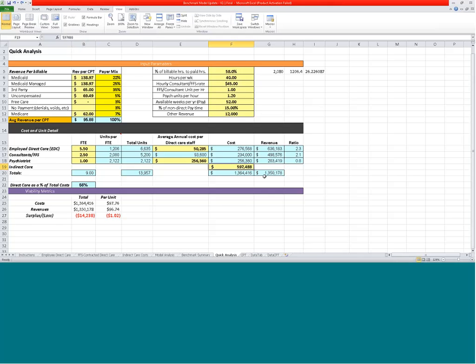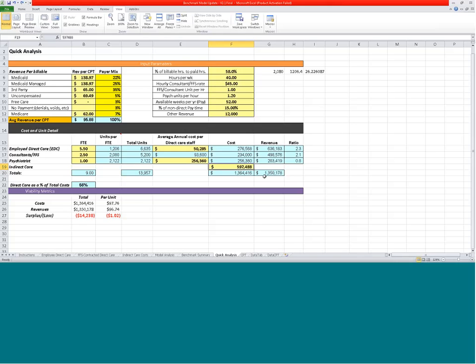We need to think about the number of supervisors we have, the amount of time that the program director is not engaged in direct care. Whatever that might be, the indirect care costs, and again, we'll do indirect care costs in much more detail later on, are something you can play with as well to make sure you get down here to the green number.